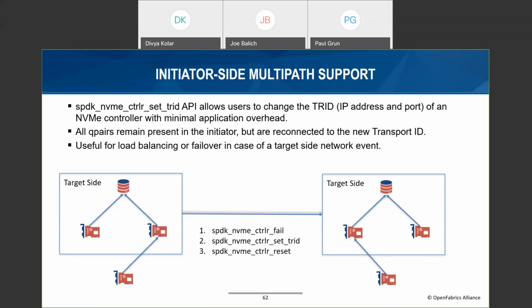The first one is spdk_nvme_ctrlr_set_trid, which allows you to change the TRID, short for transport ID, which is essentially the IP address and port of the endpoint. So you're allowed to change that transport ID for the controller, and then call spdk_nvme_ctrlr_reset, which reinitializes that connection and allows you to get back to work on all of those queue pair structures and your controller.